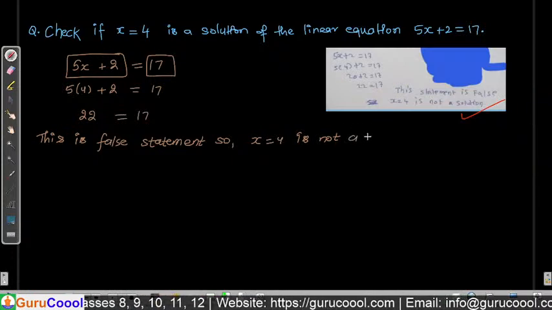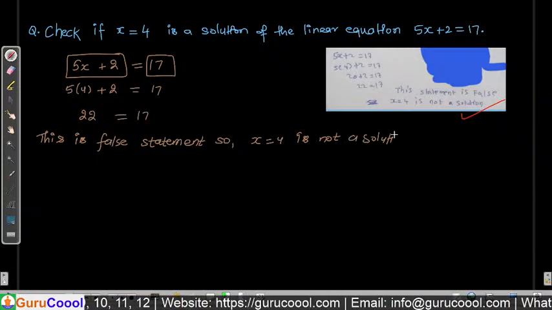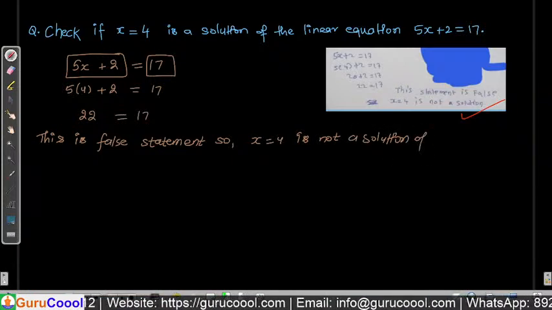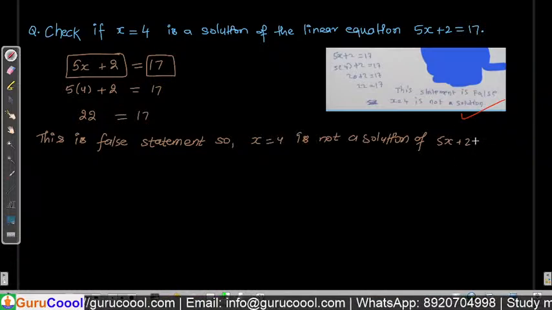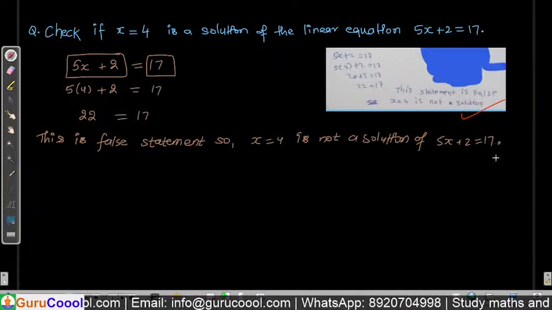of 5x plus 2 equals 17. Also we can say that x equals 4 doesn't satisfy the equation.